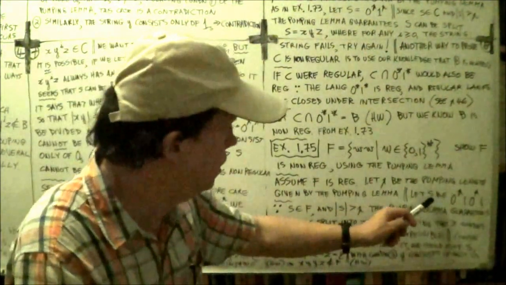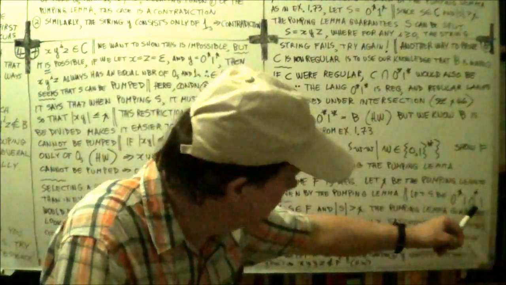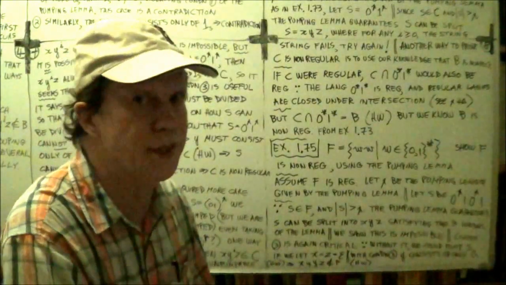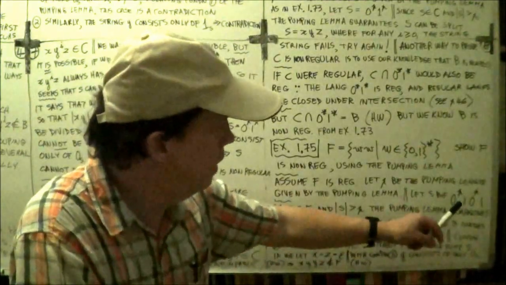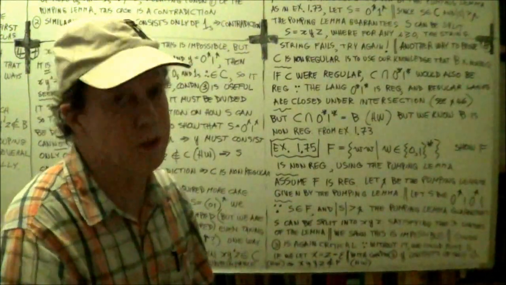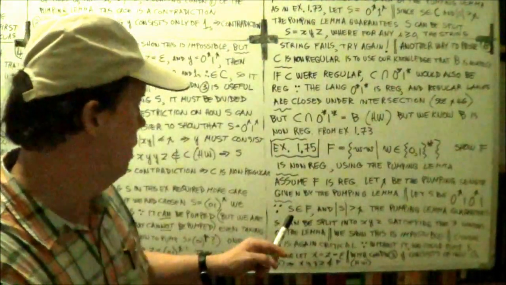So this string belongs to the language F, because it satisfies this property. Here's your W, and here's your clone. The length of this string is 2p plus 2, which is obviously greater than p.